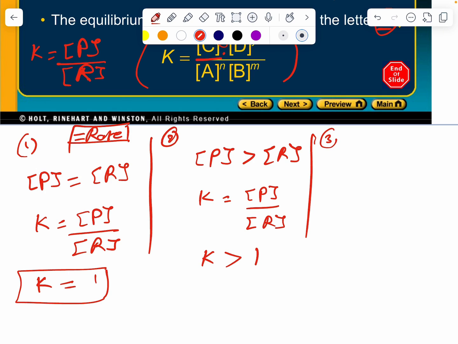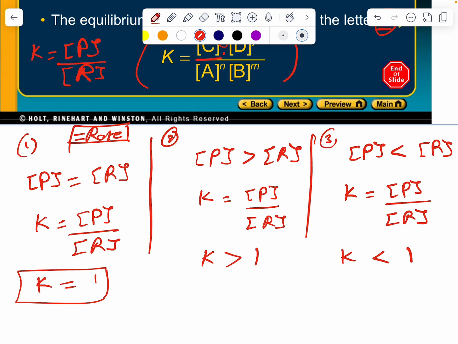Third case, which is the opposite: the concentration of products is less than the concentration of reactants, and in this case K will be less than 1.